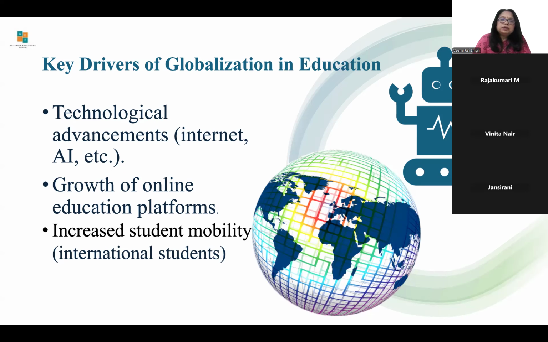Third is about students' mobility. Students have started moving not only from one state to another, but from one country to another. We have international students now. So, what is happening because of this?